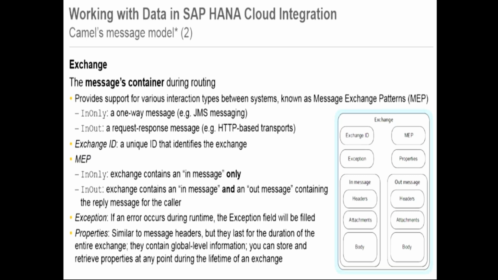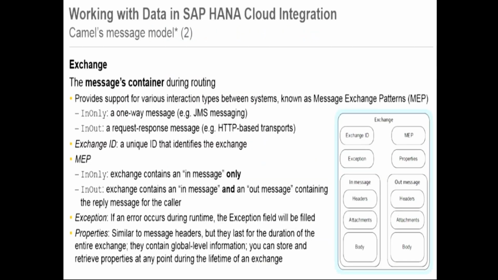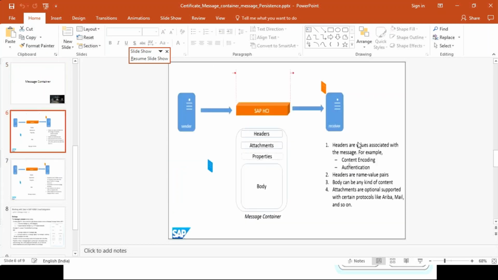They contain global level information. You can store and retrieve property at any point during the lifetime of a message. So this is about my message persistence. This is the new thing, the message container, which has been introduced in HCI and was not available in my PI or any other integration tool.